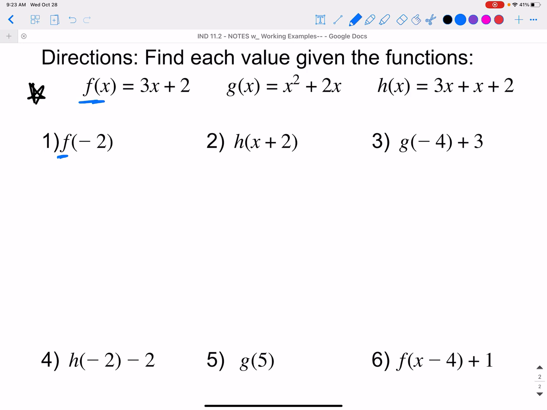Remember I talked about functions being like the Hershey Kiss factory. You've got the machine, which is the function. You've got the ingredients, which are your X's, that's what you put into the machine. And then your Y is the Hershey Kiss that pops out at the end of the machine.